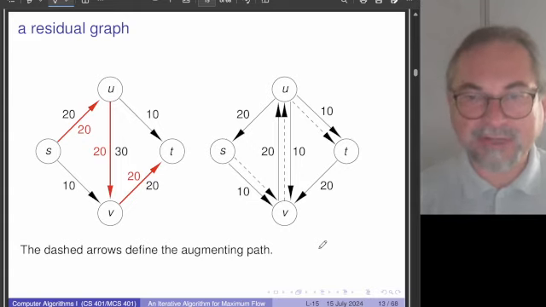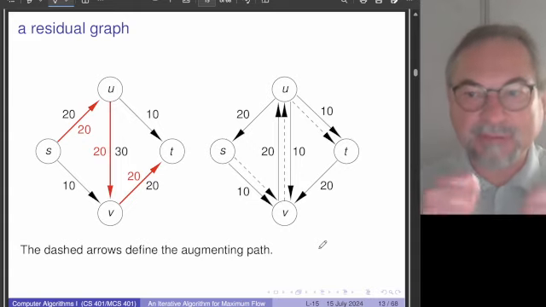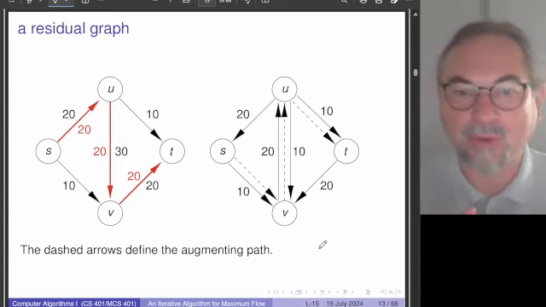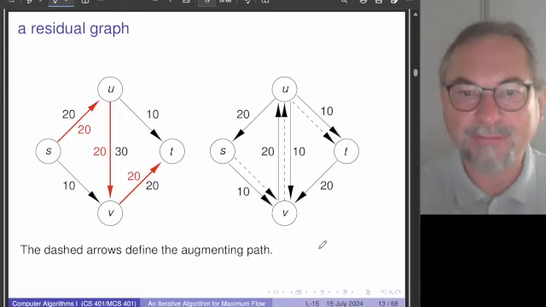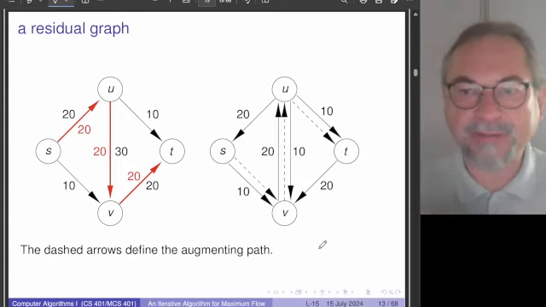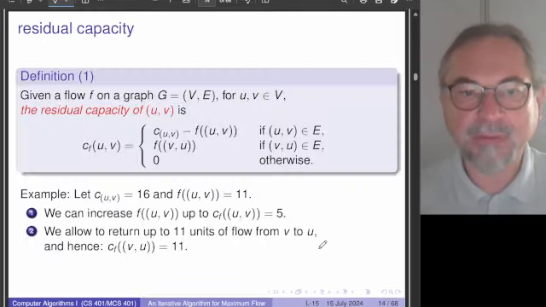So the dashed arrows define another path that still has capacity 10, or actually we will call it the bottleneck. So of the existing flow 20, we can increase this by 10. So this is the second step in the algorithm.